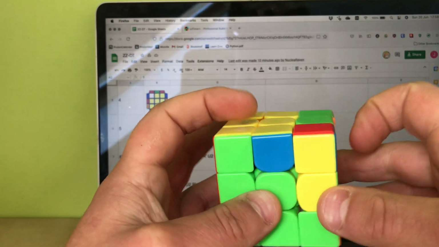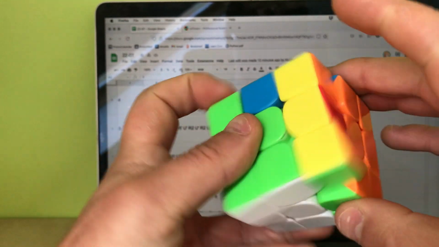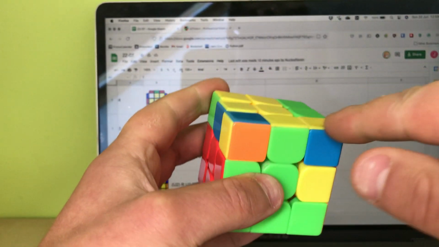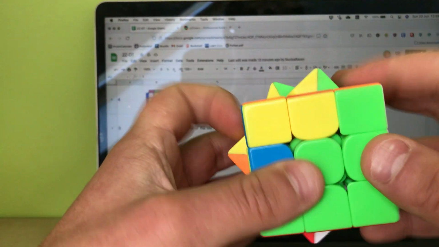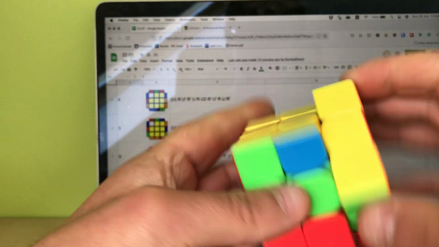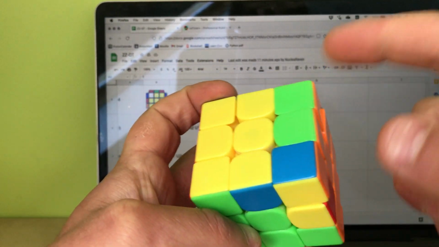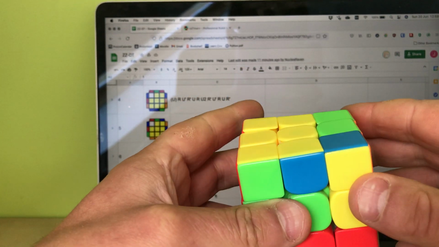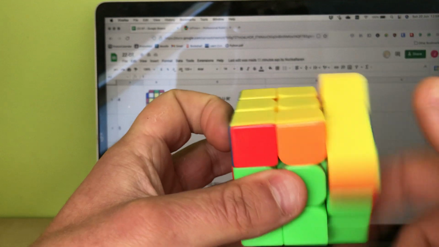So if you want to switch these two, R prime F prime R U, R U prime R prime F. If you want to, well, these two at the front are solved, these two at the back are swapped. If you want to swap them, F prime sexy R prime F R. If you want to swap the two on the right, it's D R prime U prime R D prime R2 U R prime U prime R2.